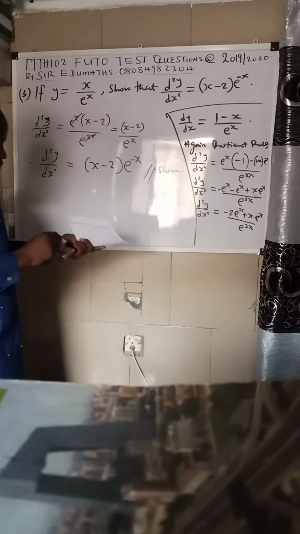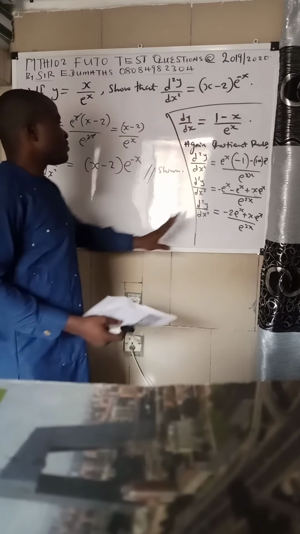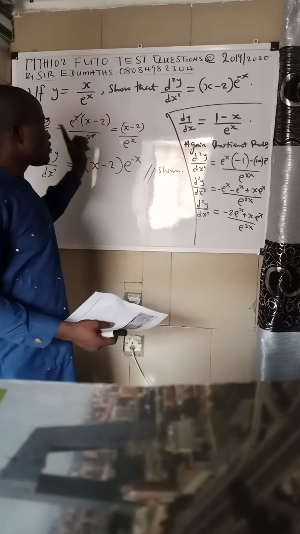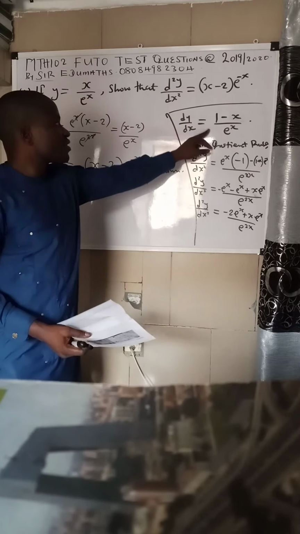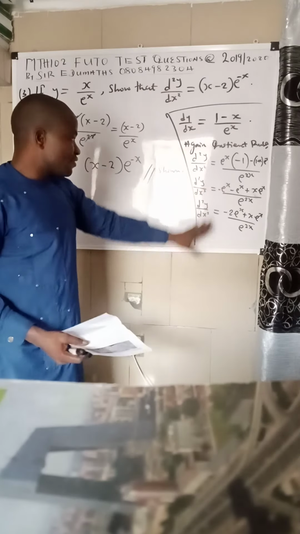We have shown it. So what this simply means is for you to differentiate this two times. Okay, we have done that. We obtained the first derivative, which is this, and from here we applied the quotient rule again and obtained the second derivative.